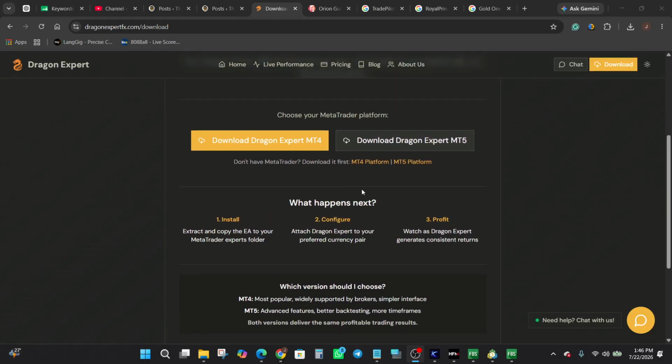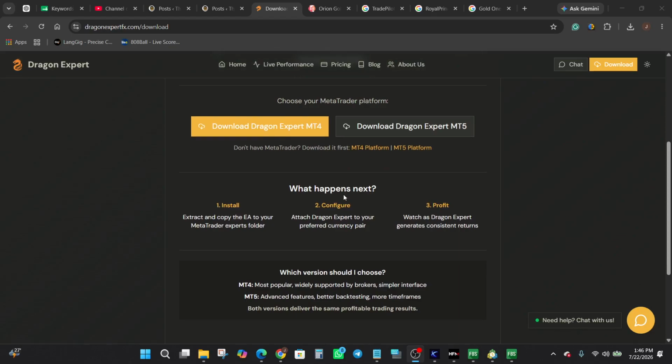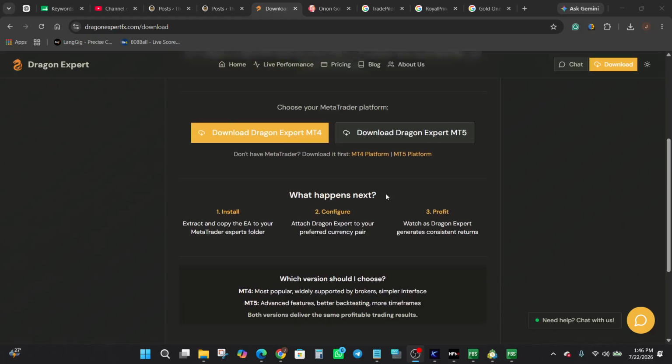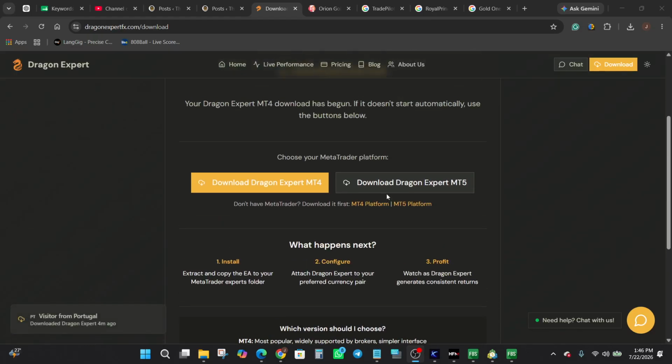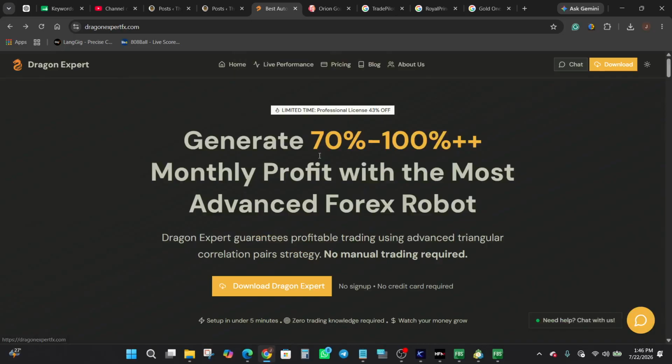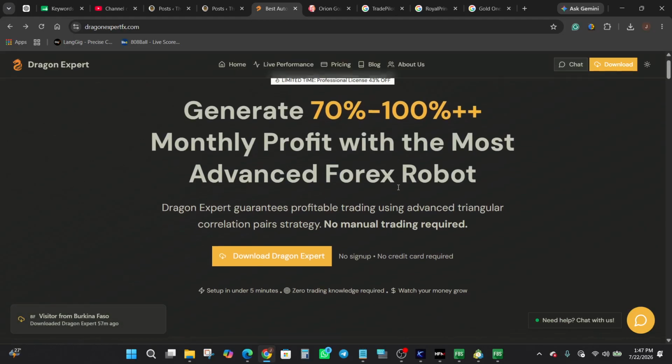We can see that they claim to not require a credit card upfront and 24/7 client support. And then on the home page, the developer advertises targeted return expectations of 70% to 100% plus monthly profit.